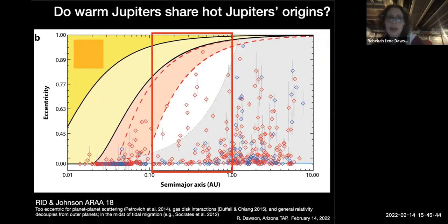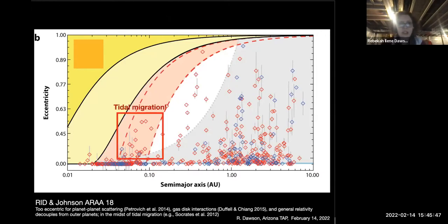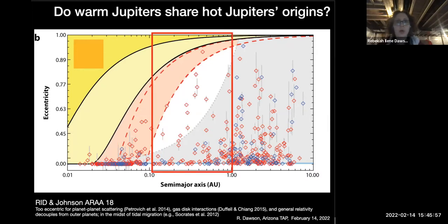So a question we have now is, okay, there's good evidence for tidal migration for these hot Jupiters, that there's some other channel as well contributing, in situ formation or disk migration. But what about the warm Jupiters between 0.1 and 1 astronomical units?